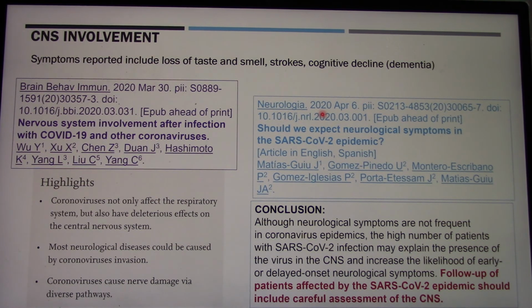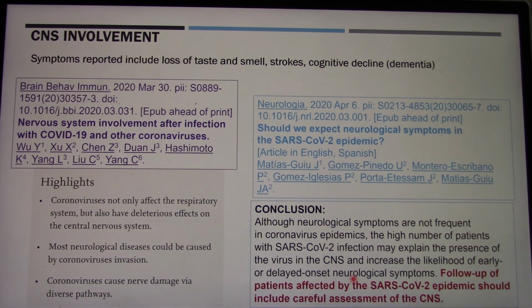Neuralgia, another journal, I just pulled from their abstract this little bit that says, conclusion: although neurological symptoms are not frequent in coronavirus epidemics, the high number of patients with SARS-CoV-2 infection may explain the presence of the virus in the CNS and increase the likelihood of early or delayed onset neurological symptoms.